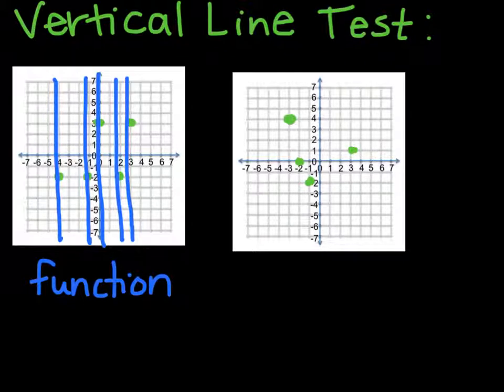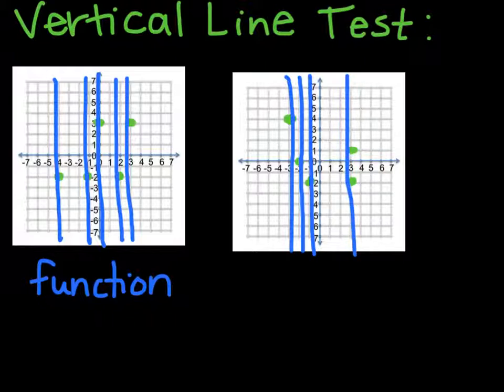And my final point is 3, -2. Okay, let's draw our vertical lines. That one's clear. That one's clear. That one's clear. Uh-oh, that one is not. There are 2 points that the vertical line passes through. So this cannot be a function.